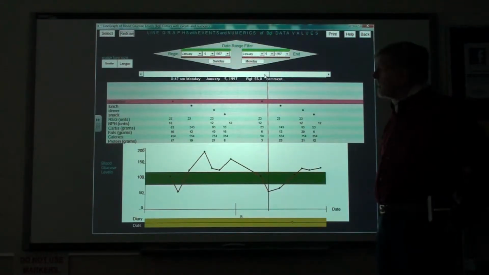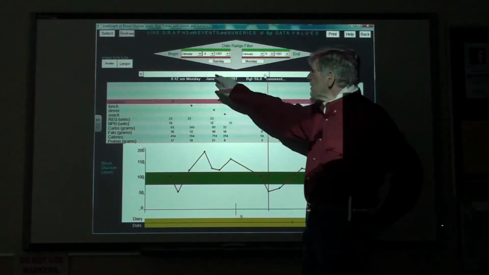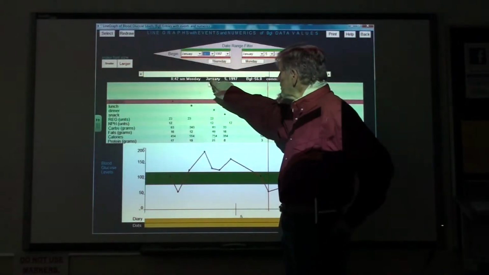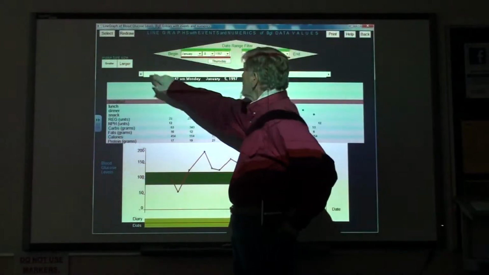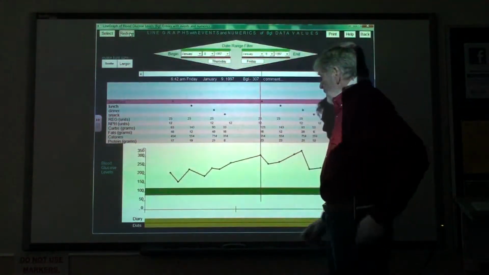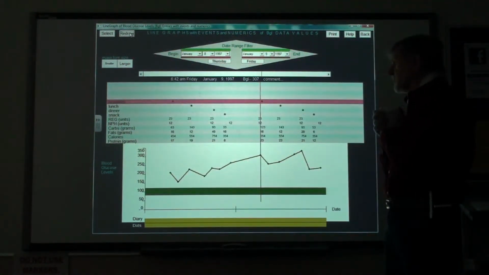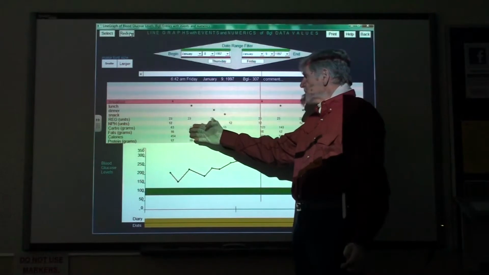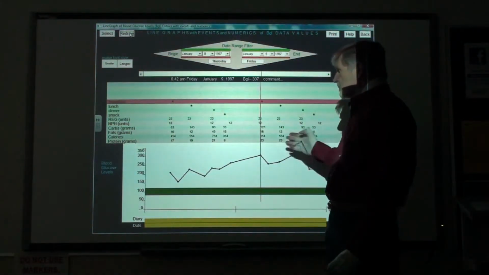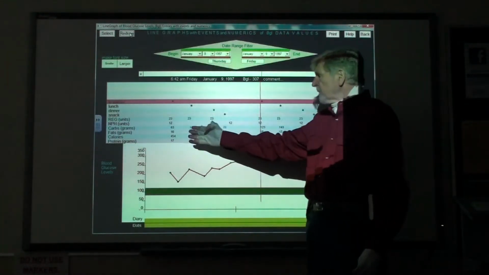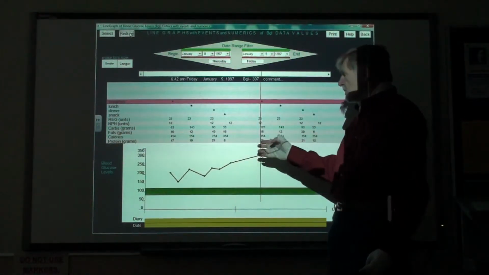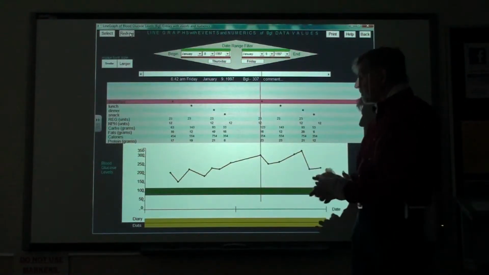The next data item is on January 8th and 9th. On these 2 days, you see that the person is ingesting the desired amount of food. The carbs are right in line with their plan, the fats and the calories every meal, and the total protein spread throughout the day.